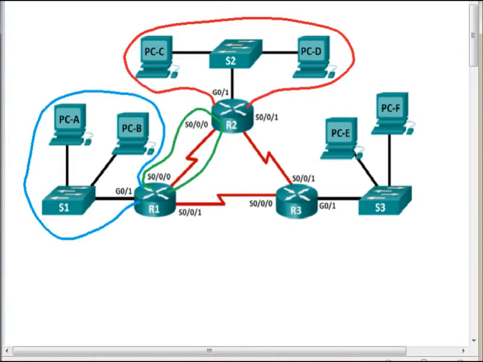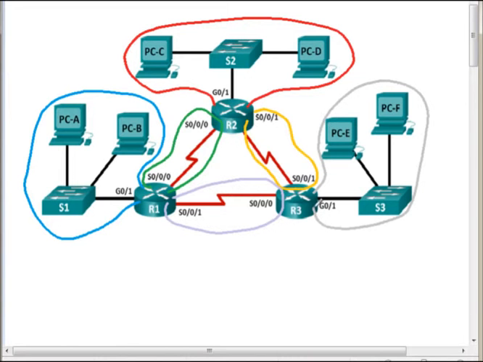The fourth network, let's represent it by the orange bubble over here, the fifth network represented by this purple bubble over here, and the last network represented by this gray bubble over here. So we have a total of 6 networks. Let's label them by the subnet number.